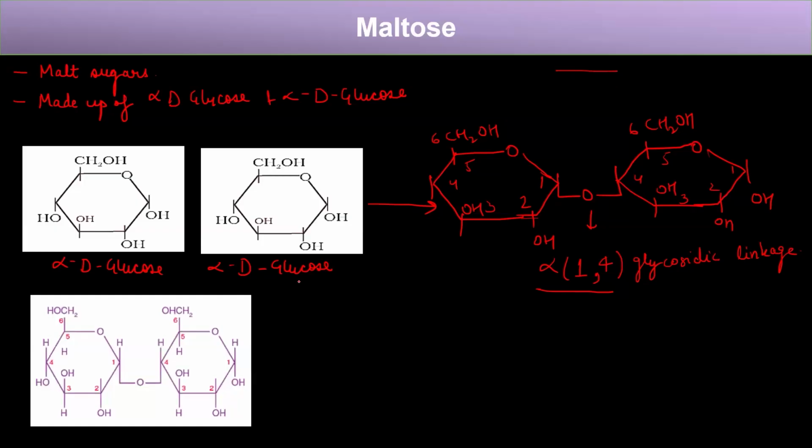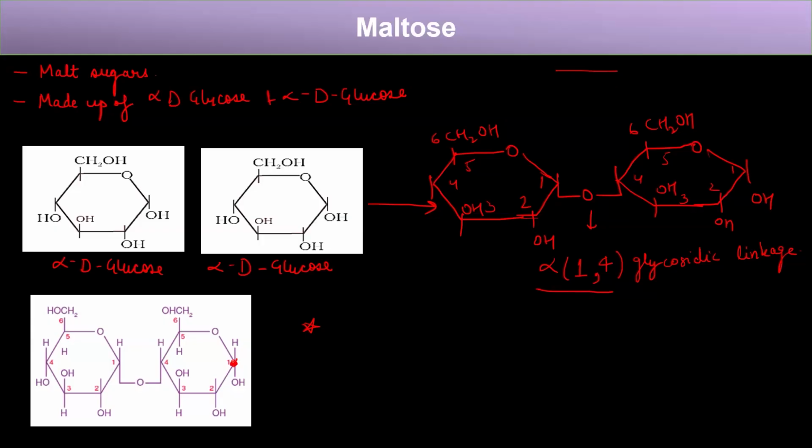Then this is the structure that I just drew. This is similar to what I have drawn. I have just added it for clarity. Okay. Now, one more important thing to notice here is that even after the linkage, one of the carbonyl groups is free, right? This carbonyl group is free, and hence this sugar becomes reducing, right? Because what are reducing sugars? The reducing sugars are the ones whose carbonyl carbon is free.